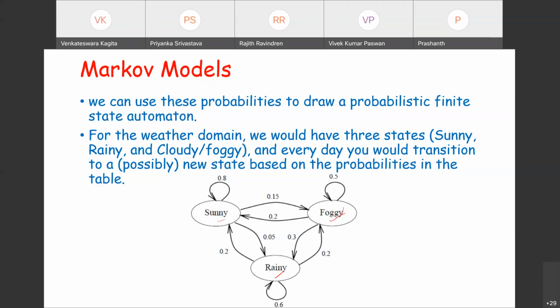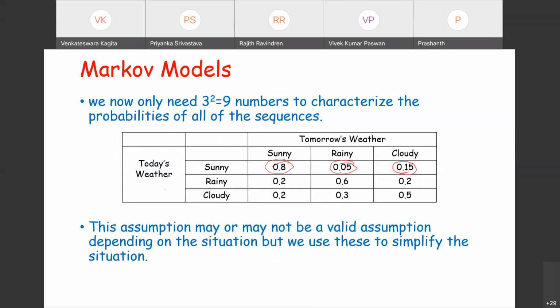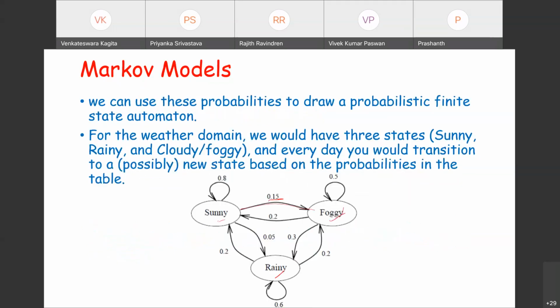And these are the transition probabilities. Transition from sunny to foggy is 0.15. Sunny to rainy is 0.05. Sunny to sunny is 0.8.